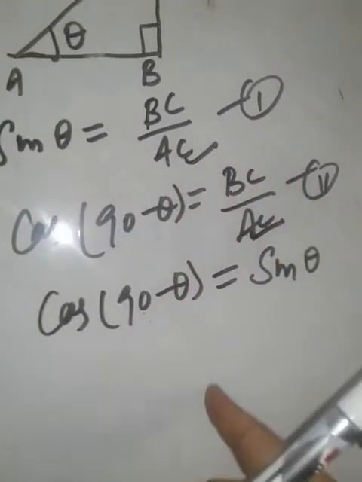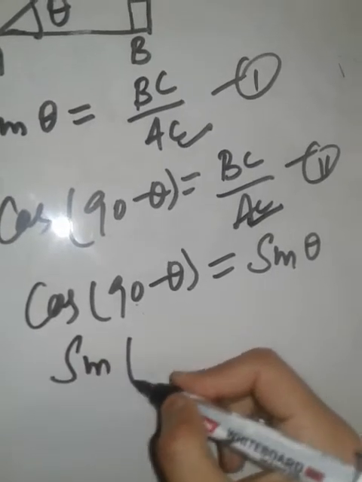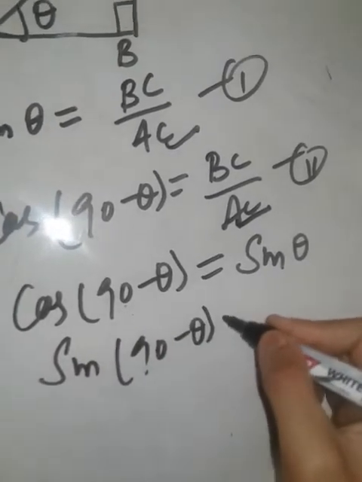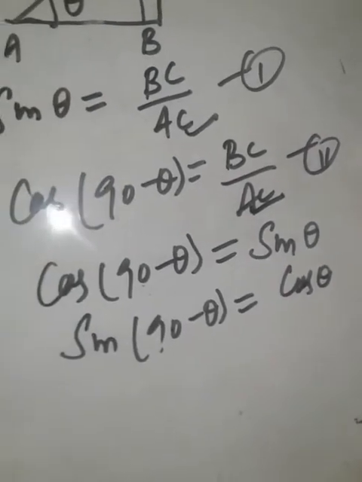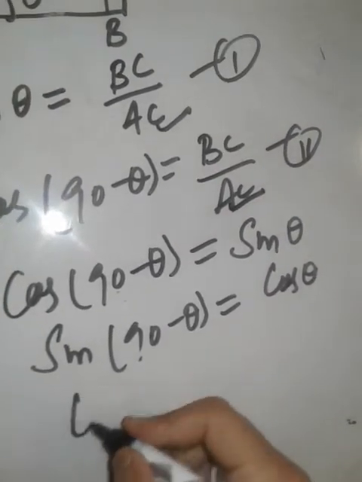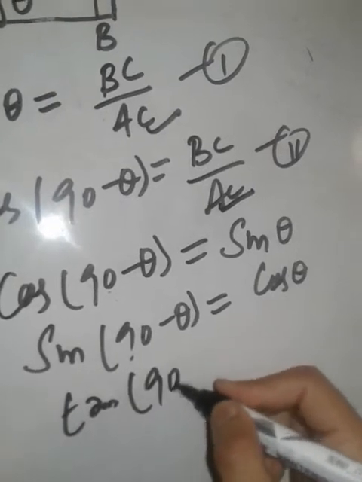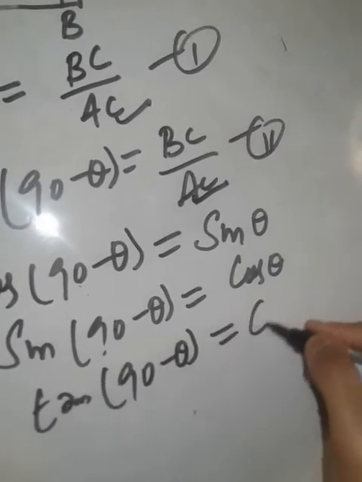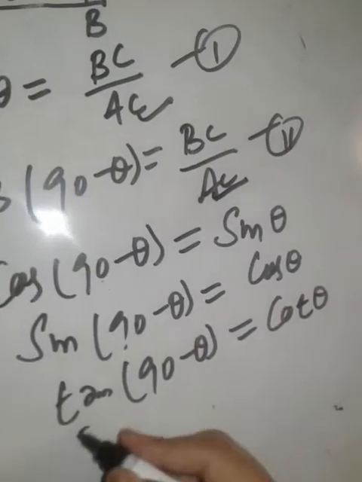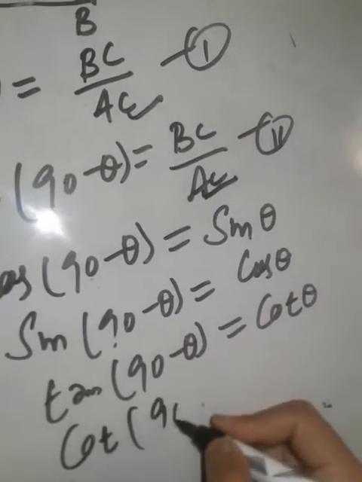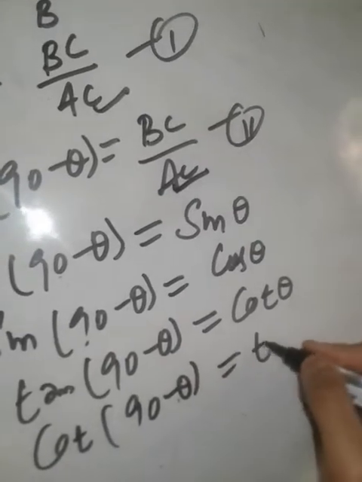Similarly, we can prove that sin 90 minus theta equals cos theta. Similarly, we can prove tan 90 minus theta equals cot theta, and cot 90 minus theta equals tan theta.